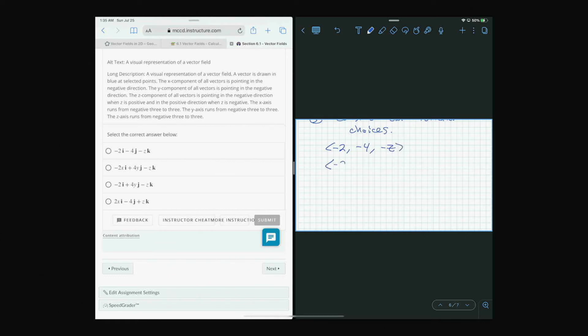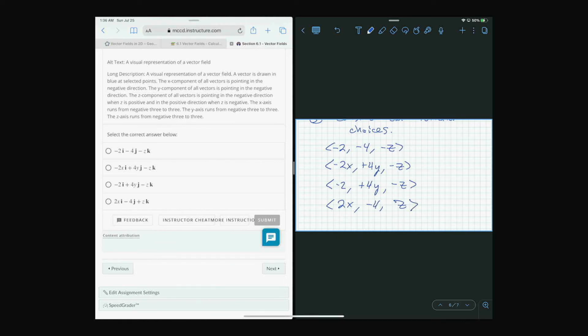I've got negative 2x, positive 4y, negative z. I've got negative 2, positive 4y, negative z. Then I've got 2x, negative 4, positive z.